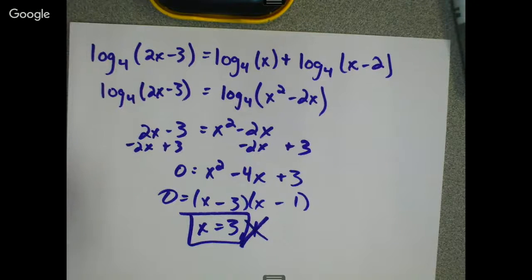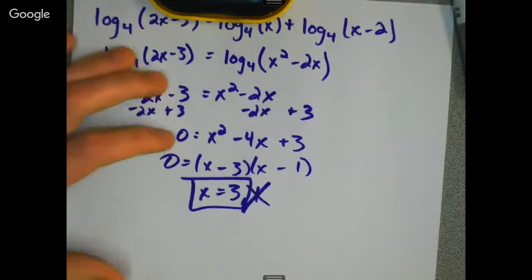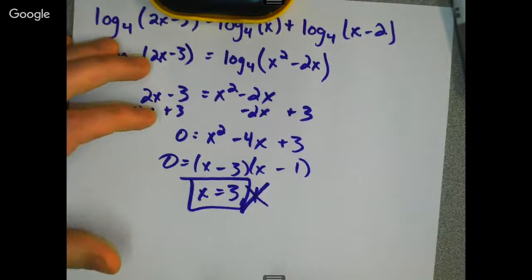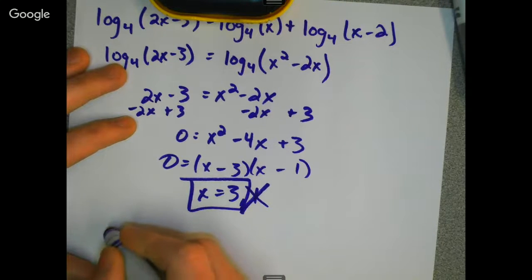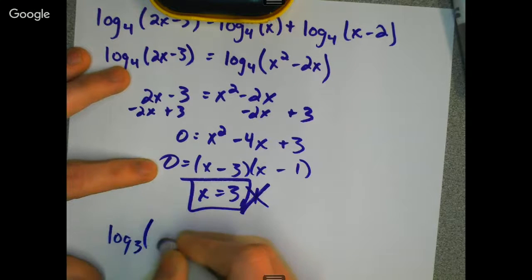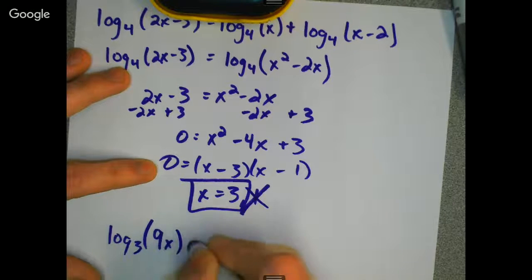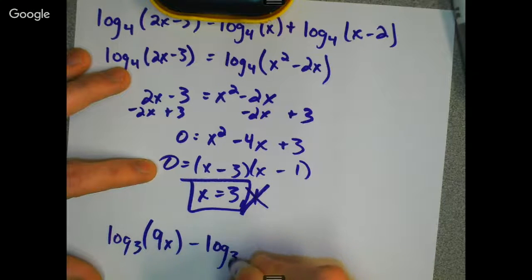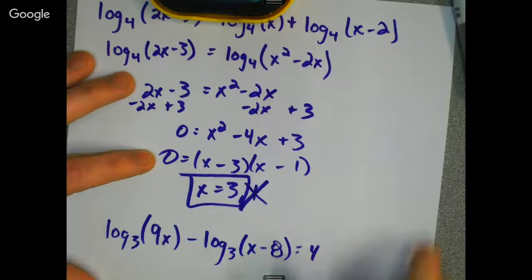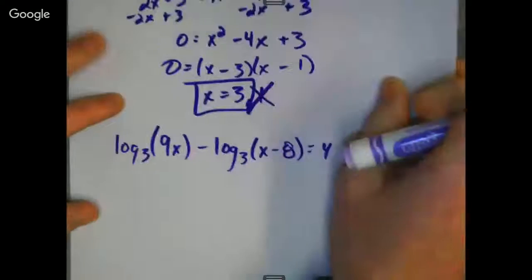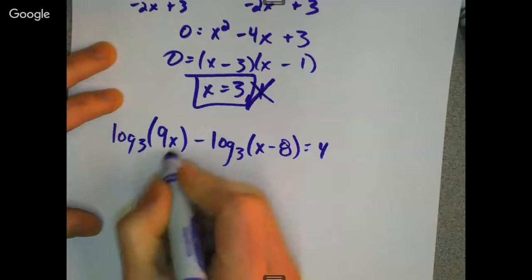All right, so let's try another one here, a little more complicated. So let's look at log base 3 of 9x minus log base 3 of x minus 8 equals 4. Okay, so I only have a logarithm on one side this time. So we'll combine, and we combine over division.